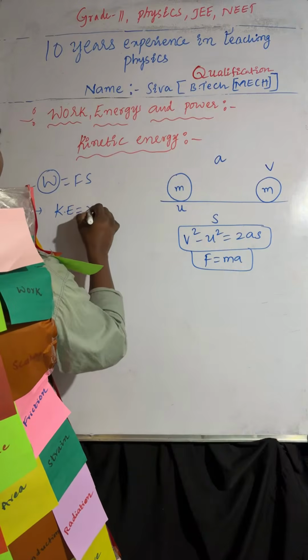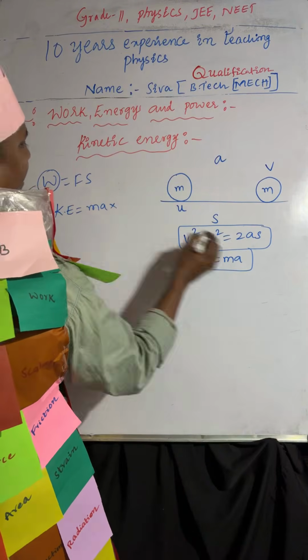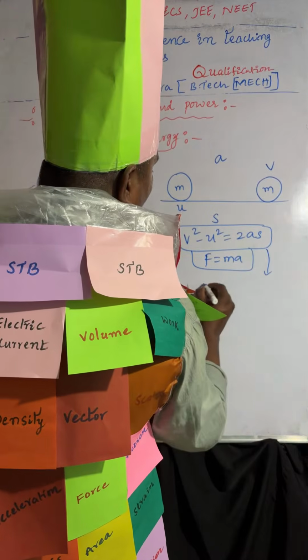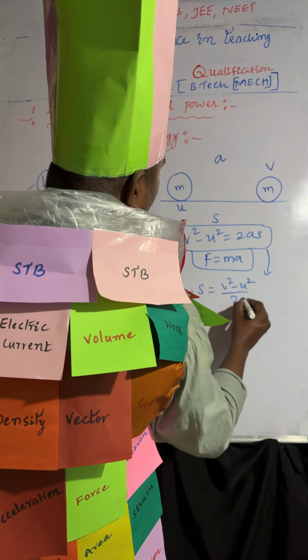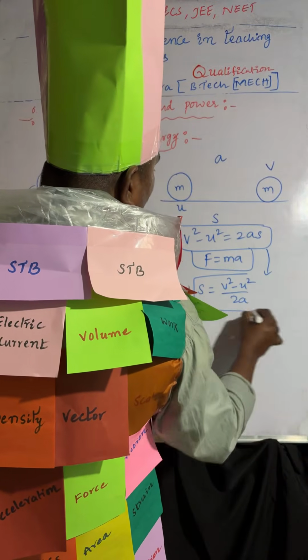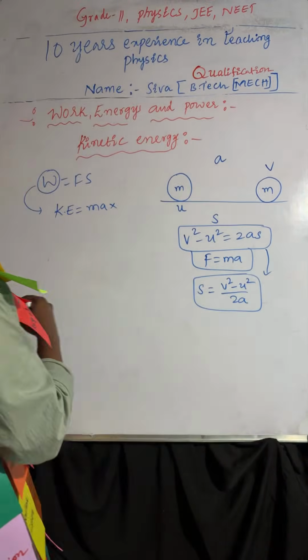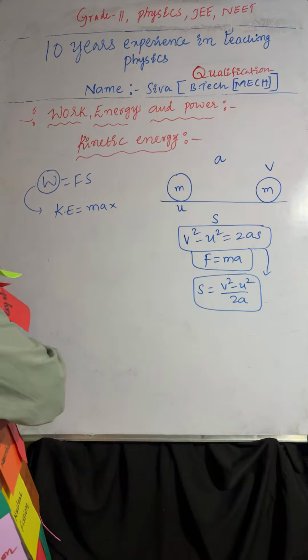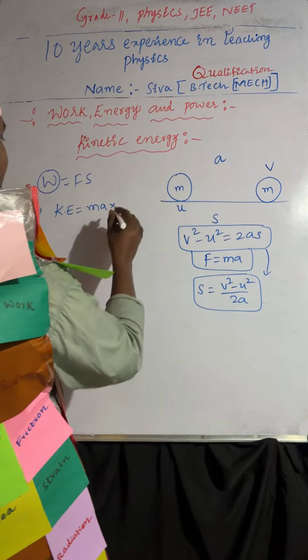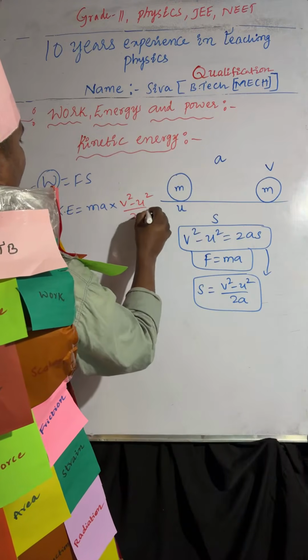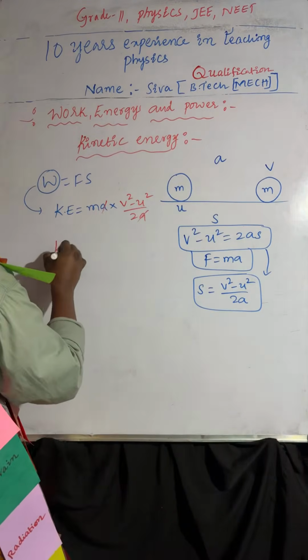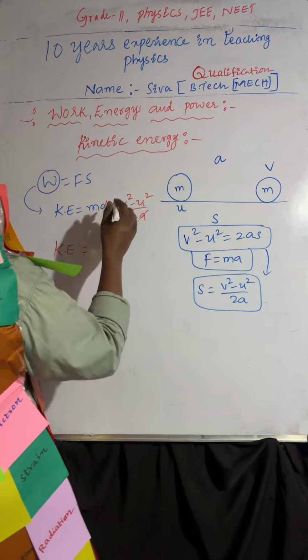F equal to ma, and from the equation of motion we can write s equal to v square minus u square by 2a. Understood or not? Substitute the values. So a gets cancelled.